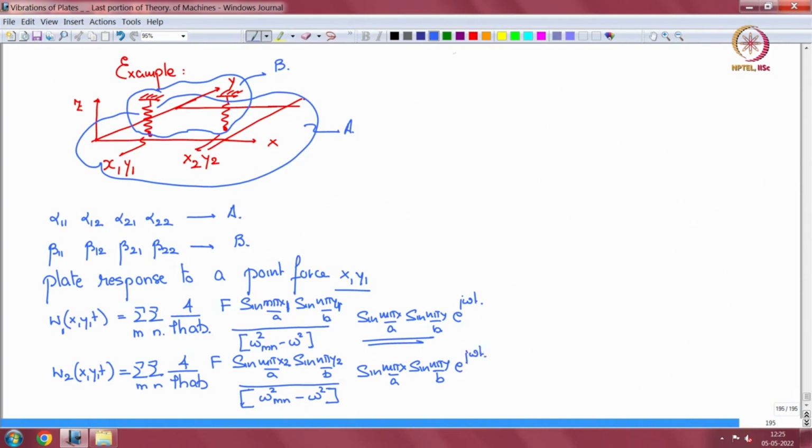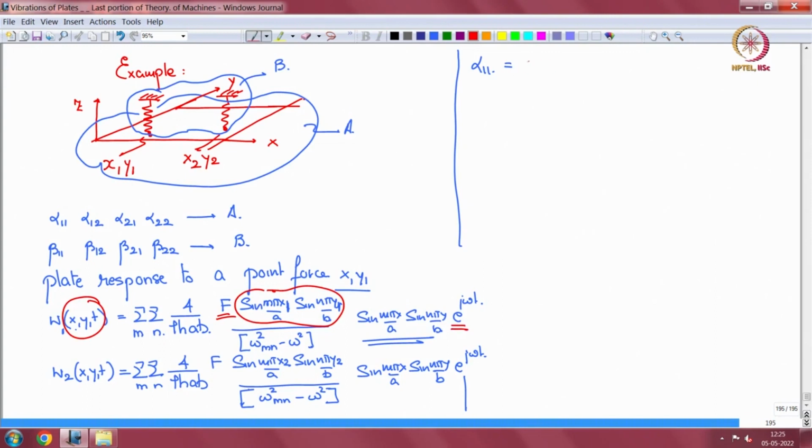Okay. Now from here, what is alpha 11? Okay. So response at x1 y1 due to a force at x1 y1, divided by the force and the harmonic term. So this also becomes x1 y1.